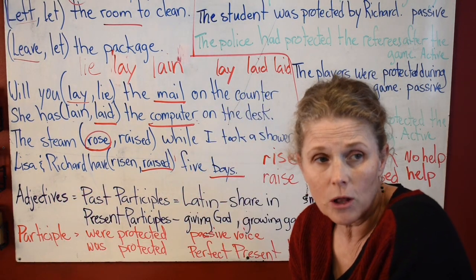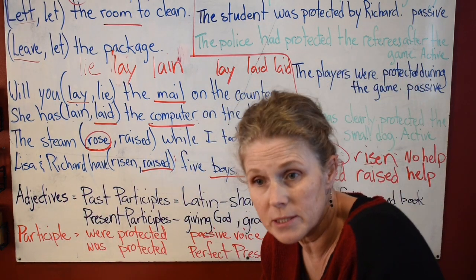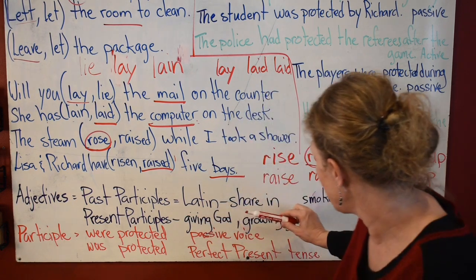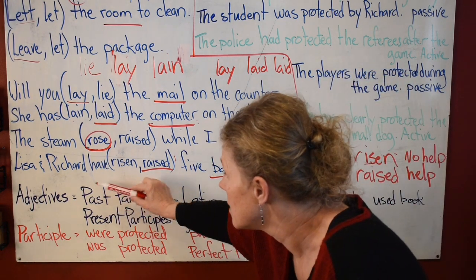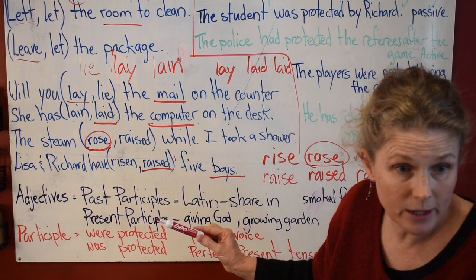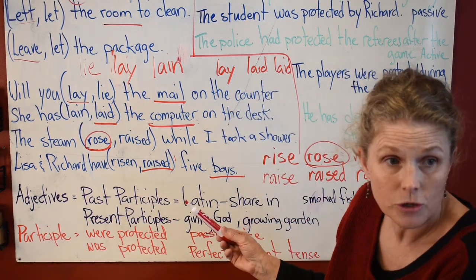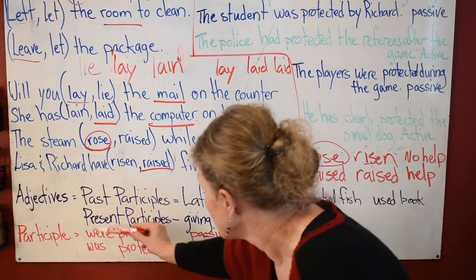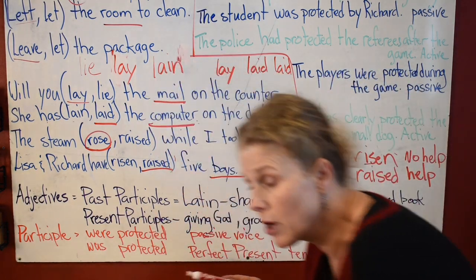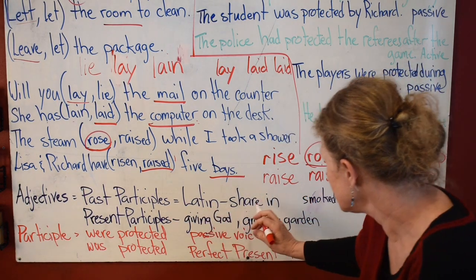They are both called participles. If you're going to use them as an adjective, it's called a participle. If you're going to use it with the past, you use an ed, or the irregulars, right? Or if you're going to use the present, what are you going to use? Your ings. Yeah. The present participles are your ings. You do not have irregulars with those. Now, Latin, it means to share in.